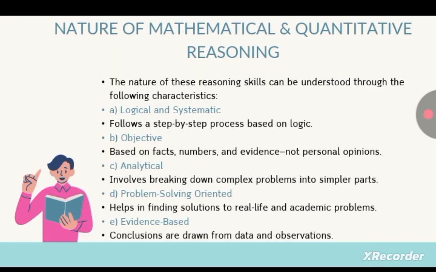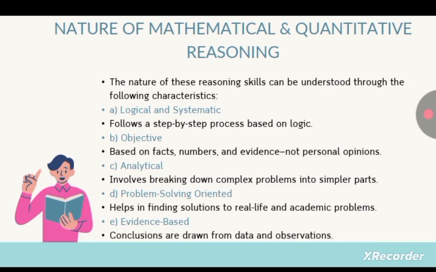Next, let's look at the nature of mathematical and quantitative reasoning. We have covered the meaning of mathematical and quantitative reasoning. Now, the nature of these reasoning skills can be understood through the following characteristics. The first one is logical and systematic.